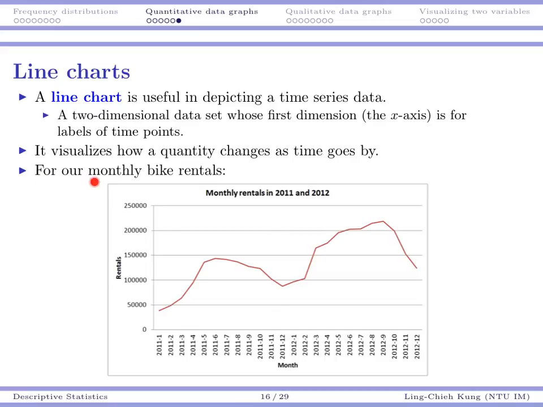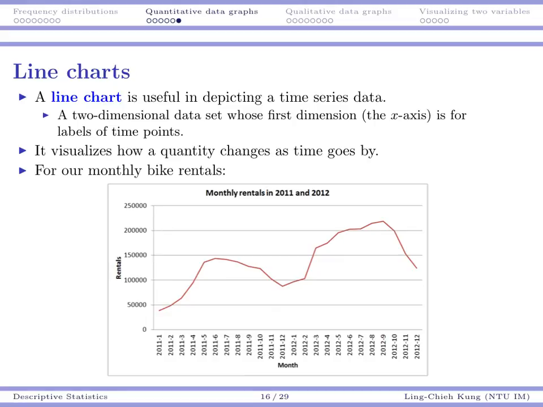For example, for our monthly bike rentals that we focused on in our data set last time, we can depict all the monthly rentals as points and then simply connect them. We will get a time series sequence like this, or we can get a line chart like this. With this, we can immediately see a trend going from small to large.